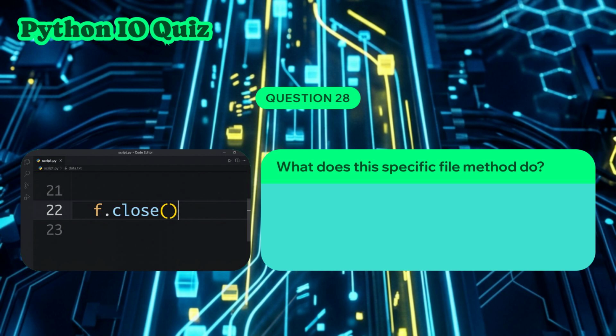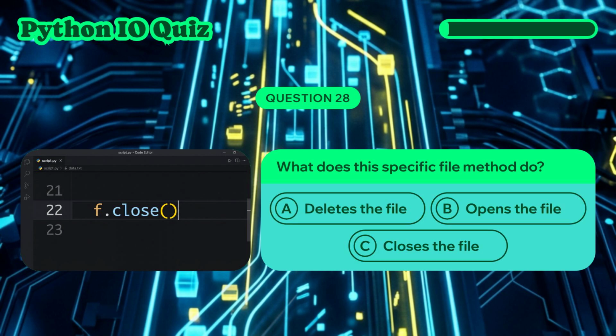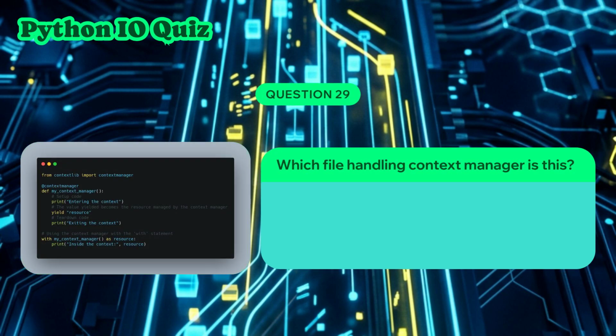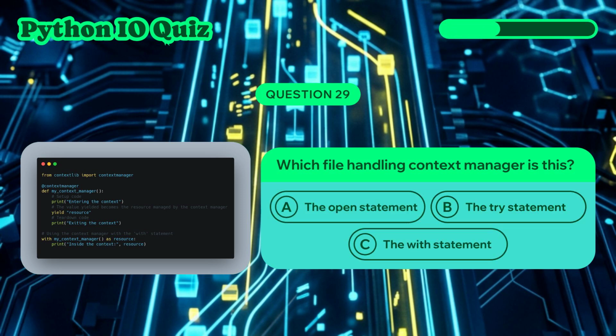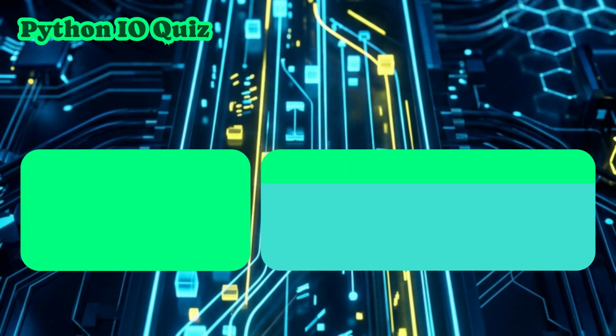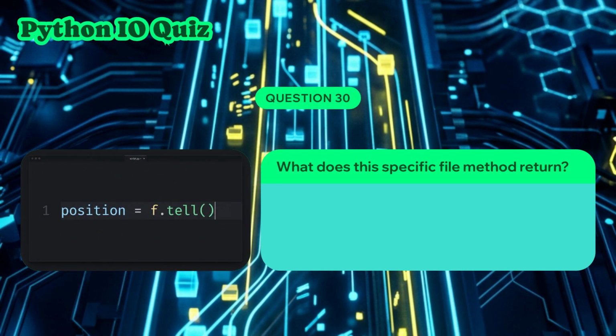What does this specific file method do? Which file handling context manager is this? What does this specific file method return?